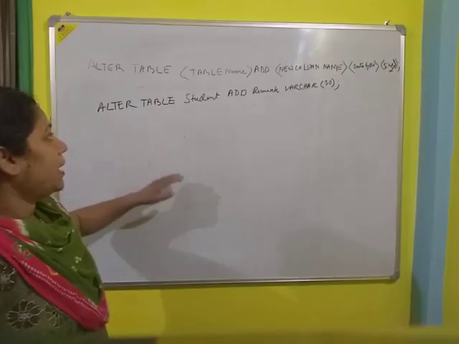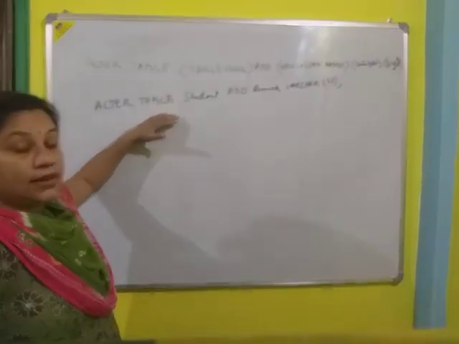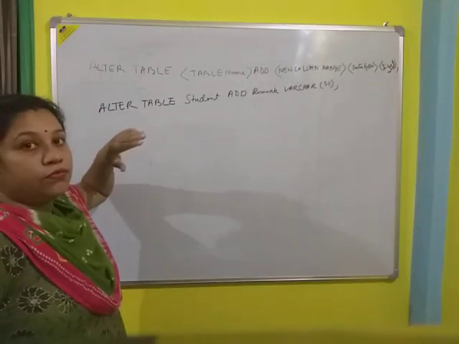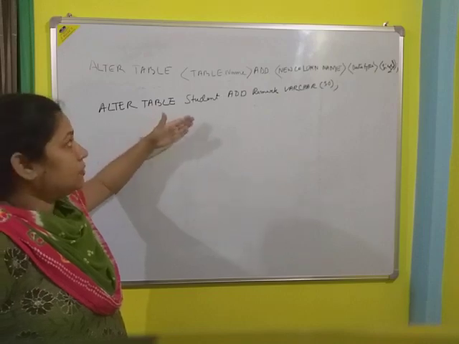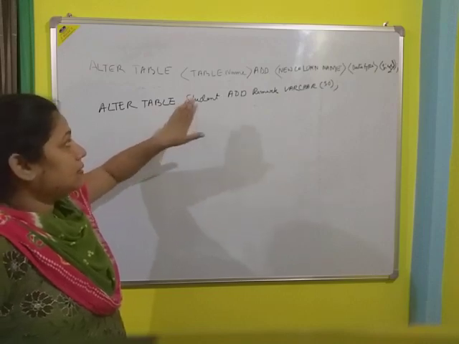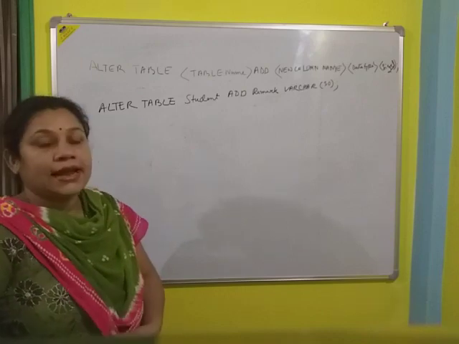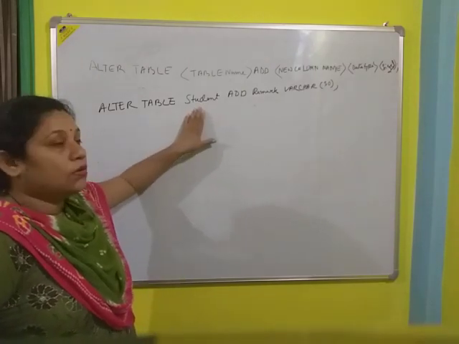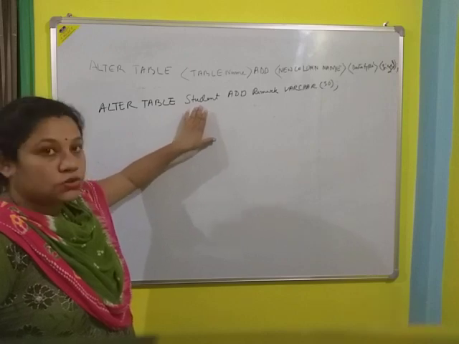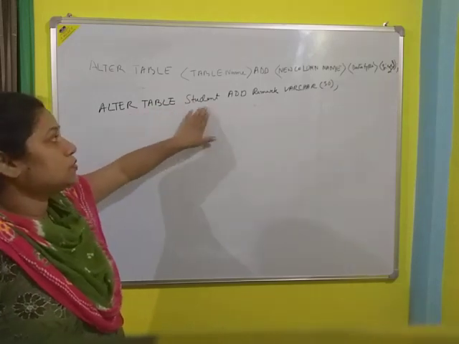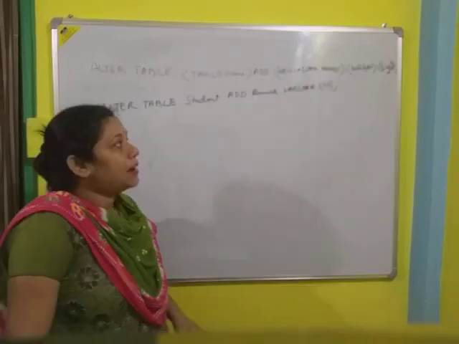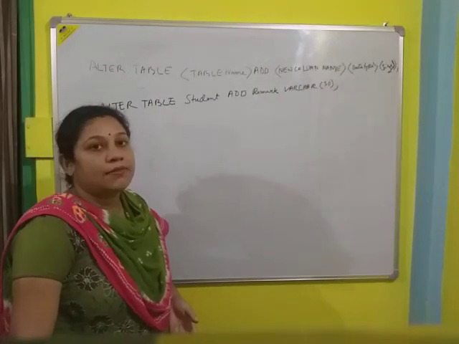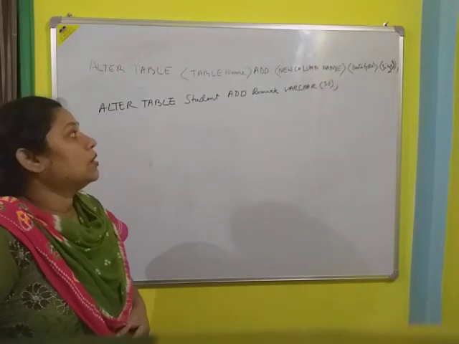So when you write this statement for that particular table, that is student, this command will enter a new column to the table structure of the table student. Alter table student add remark varchar 30. That is the data type and the size of the new column.